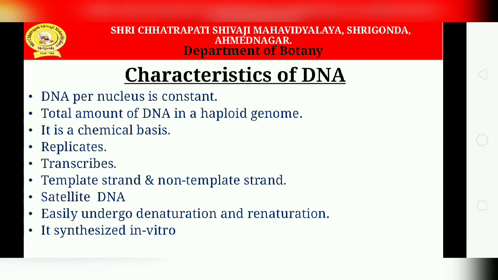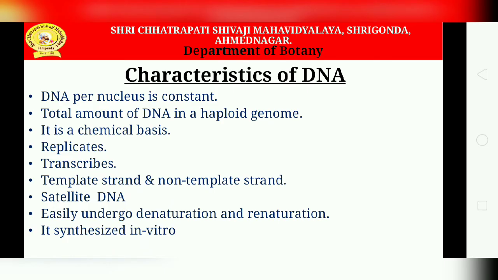So the characteristics of DNA are very important. The first is that the amount of DNA per nucleus is constant in all the somatic cells of a given species. The total amount of DNA in a haploid genome is characteristic of each organism, which is known as the C value.